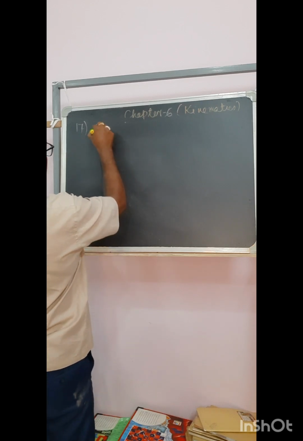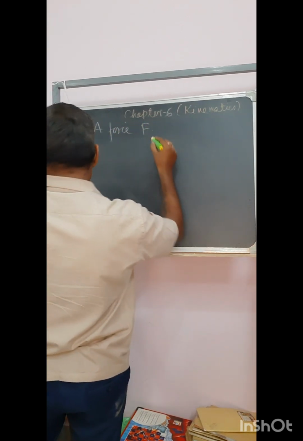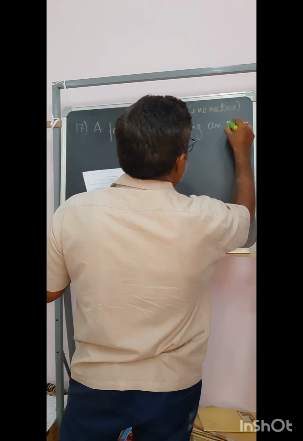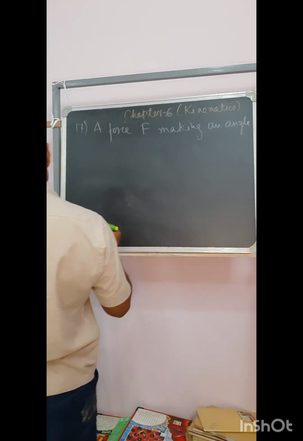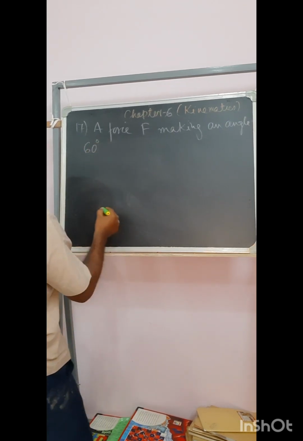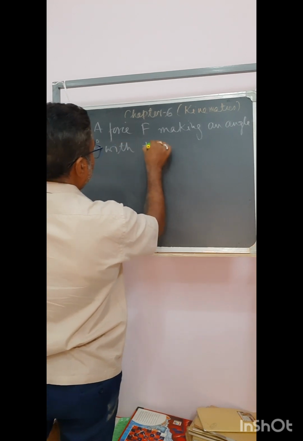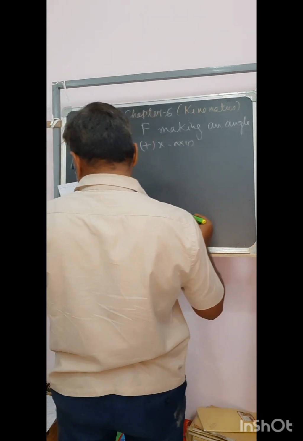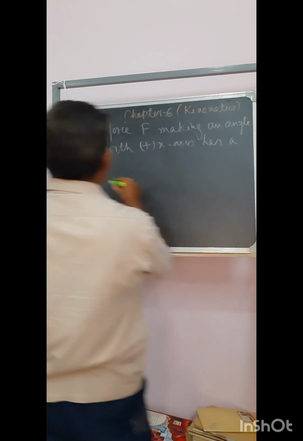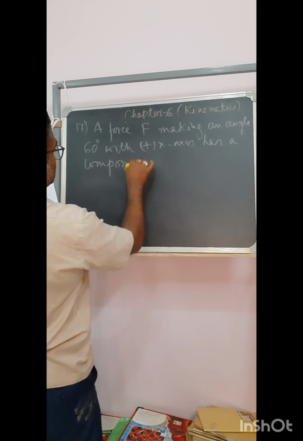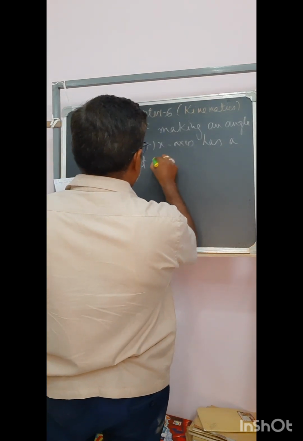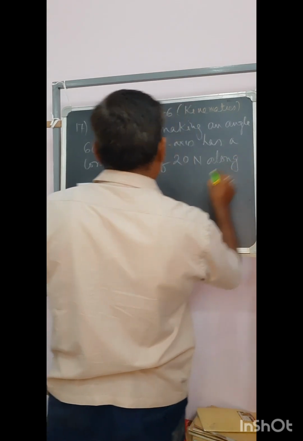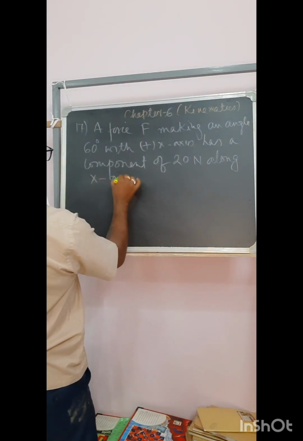A force F making an angle 60° with positive x axis has a component of 20 Newton along x axis.